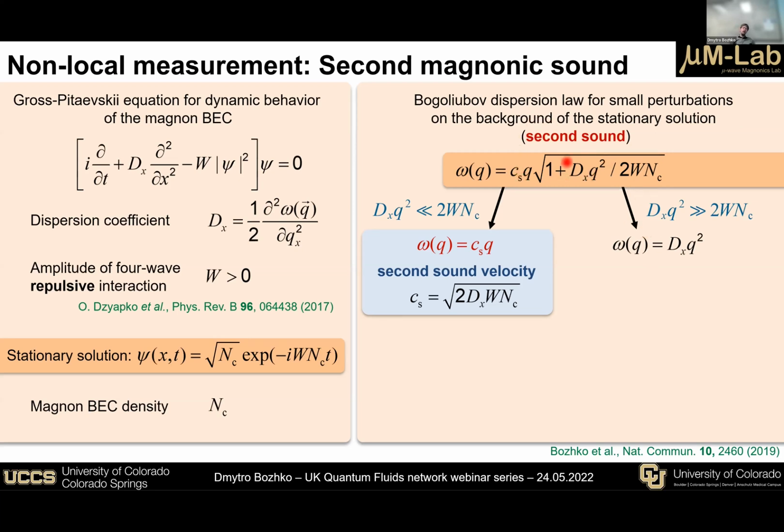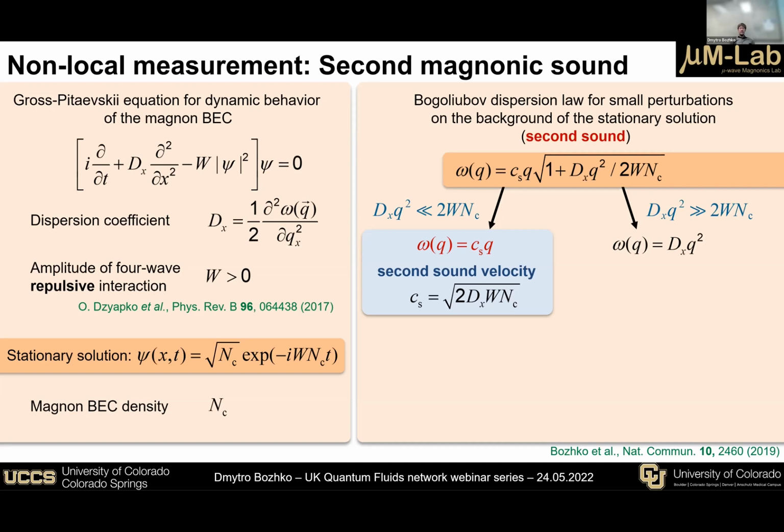But for small excitations, we have a dispersion which is linear, and that is the second sound. It is proportional to the square root of the dispersion coefficient, the nonlinear repulsive interaction coefficient, and the condensate density.